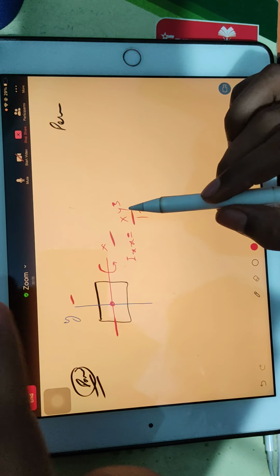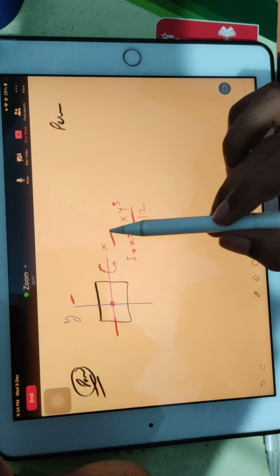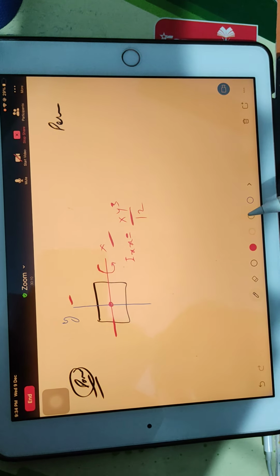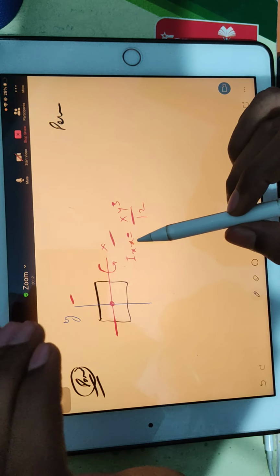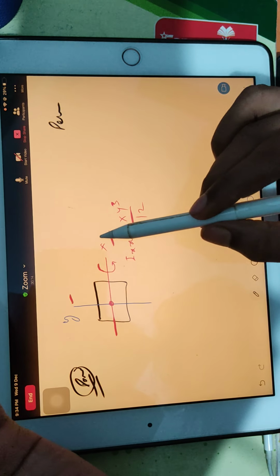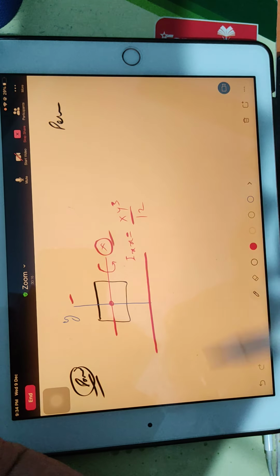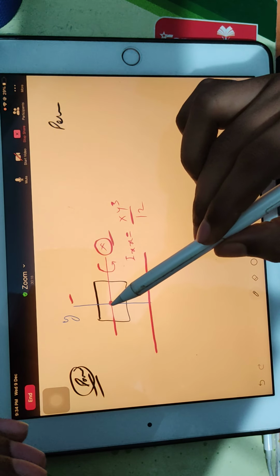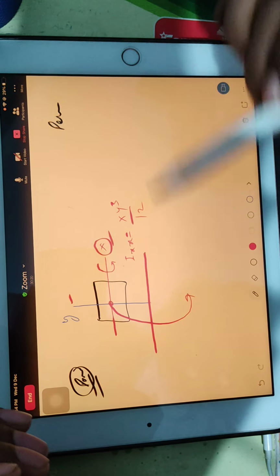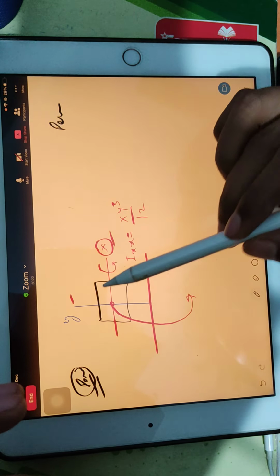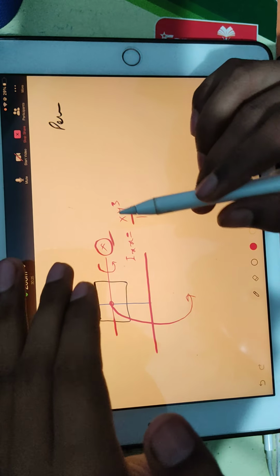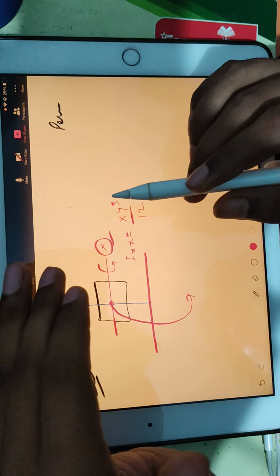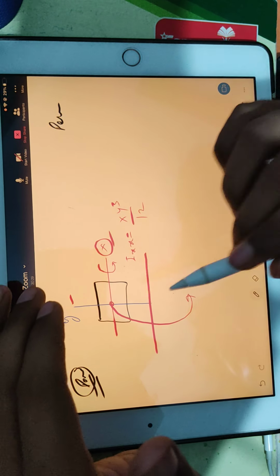So this is the condition when your particle is rotating about the x-axis. But what if the particle is rotating about some other axis which is not this x, but parallel to that x? Suppose this is the axis. In that case, your particle will rotate like this. The entire thing will rotate like this. Do you know what kind of example I'm trying to set? In villages, we use a hand fan in summer.